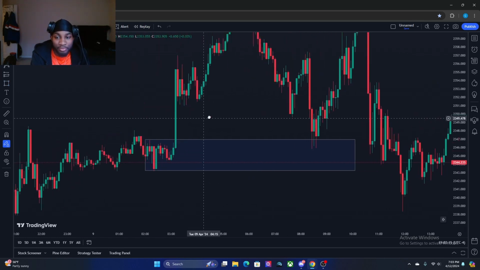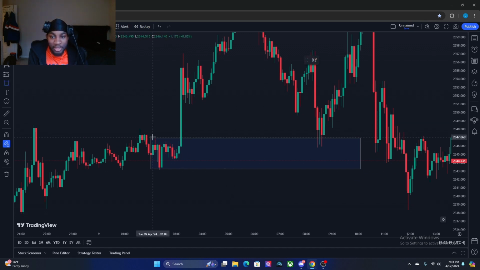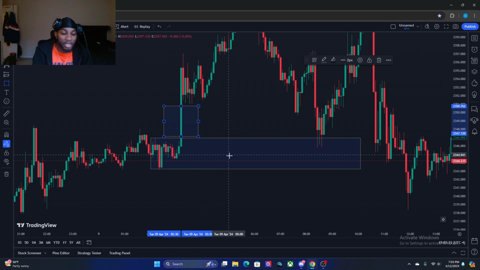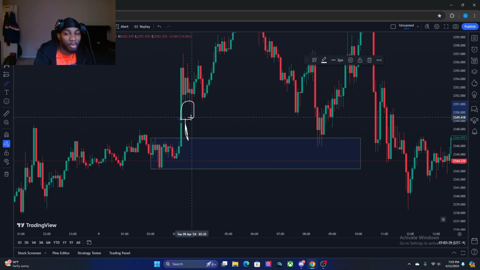Now, when it comes to gaps, all a gap is, is free range, free traffic. There's no wicks coming into the box. So let's say this candle right here. Well, let's say this didn't print out so high, but you had a little wick right here, a candle with a wick. Then it takes out the probability a little bit.